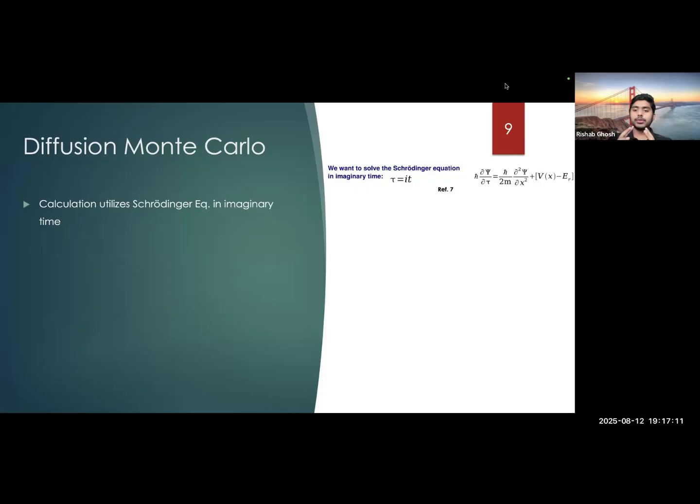If we use imaginary time, our Schrödinger solution follows a negative exponential, or exponentially decaying model. And so as time goes on, your energy values start to converge to a specific value, and thus we actually get an energy instead of just seeing an oscillatory pattern in our wave function.